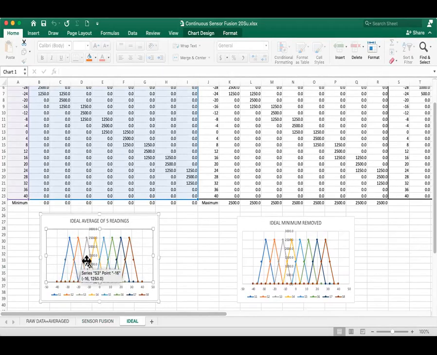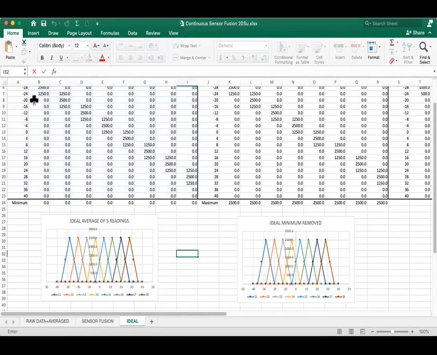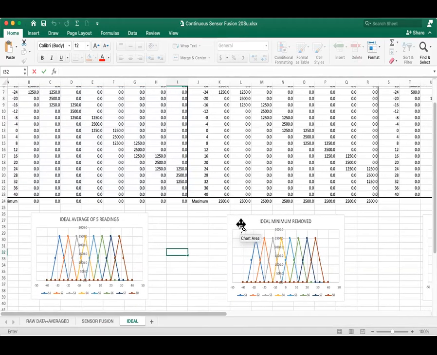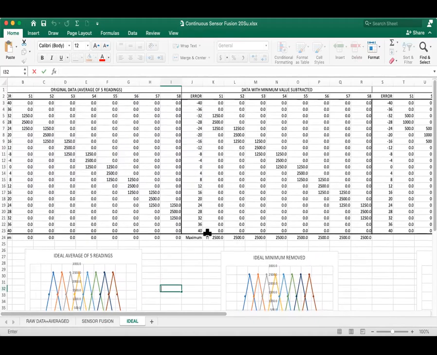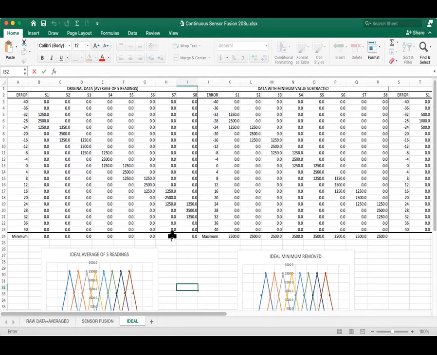And the intersection points, as you can see, are about halfway. I just manufactured these numbers to make it happen. I went through the same process, subtracted the 0 out. The minimums were all 0, of course.